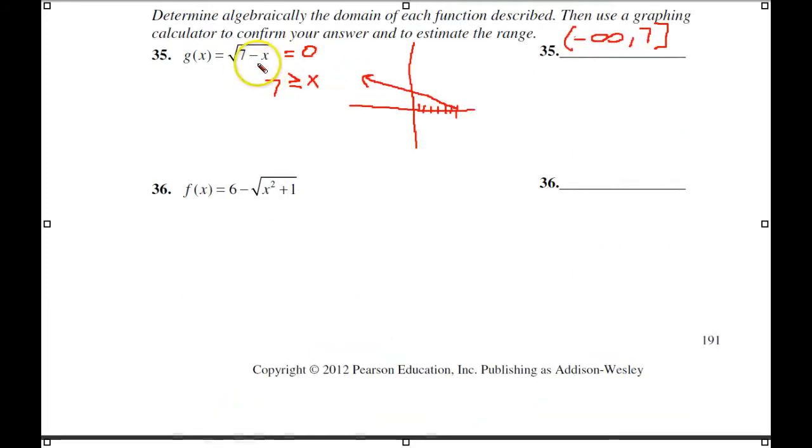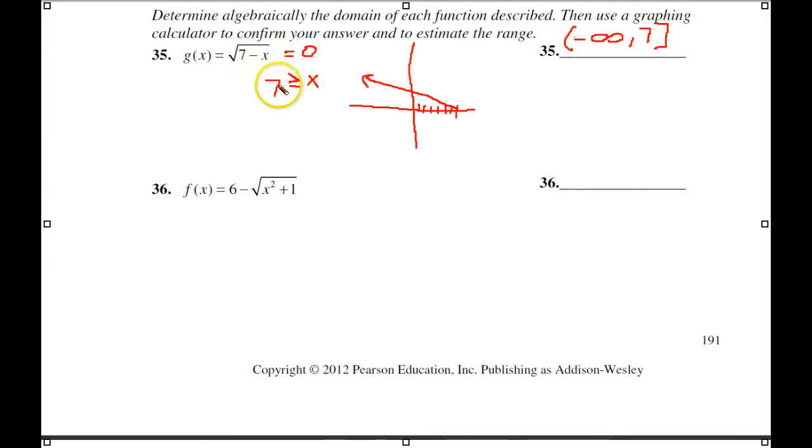Now this is similar to what we've done. Now we just equal the radicand to 0. I'm going to transpose the x, and I get x is less than or equal to 7. So as long as x is 7, then this would become a 0. That would be okay.